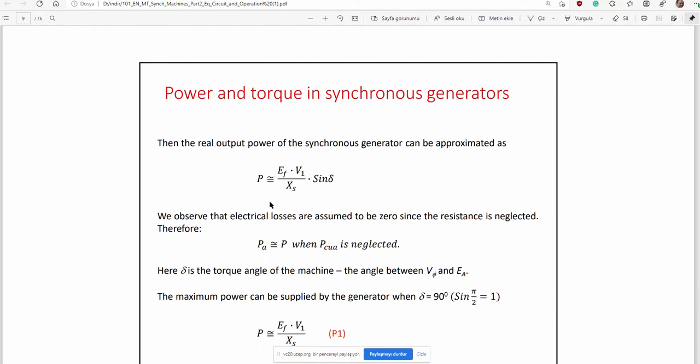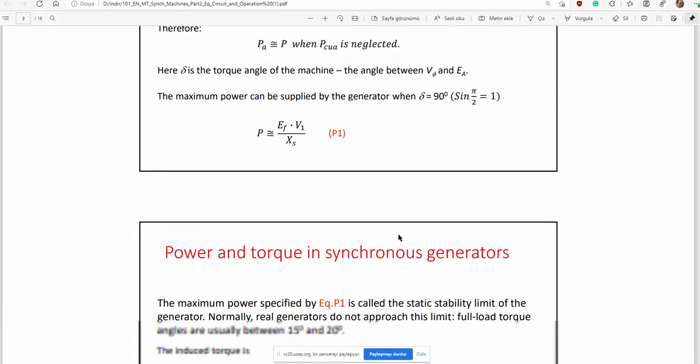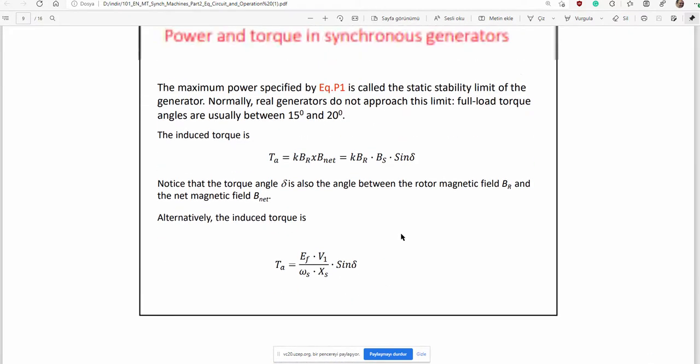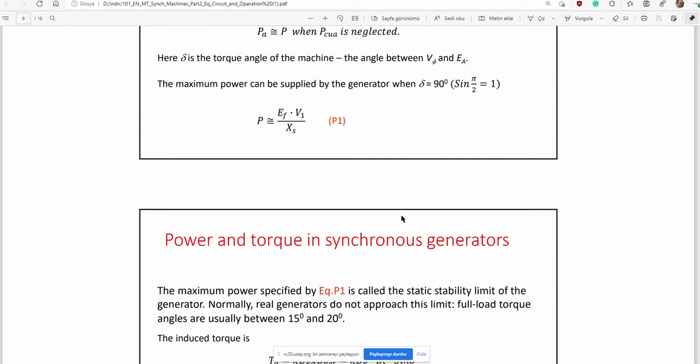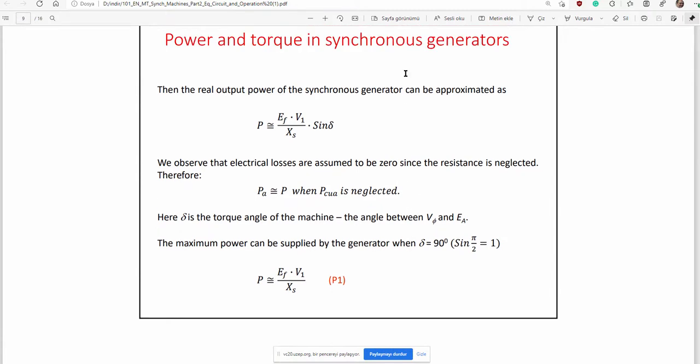I think you remember that is the final equation for one phase. For three phase, let's write down here. That's valid for one phase. For three phase, total output power is equal to 3 times voltage EF over XS times sine delta.